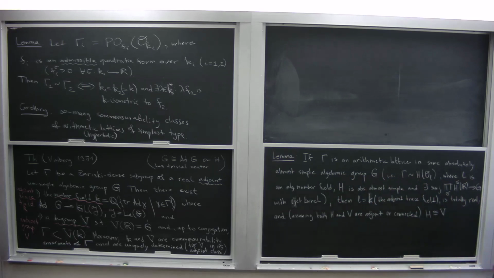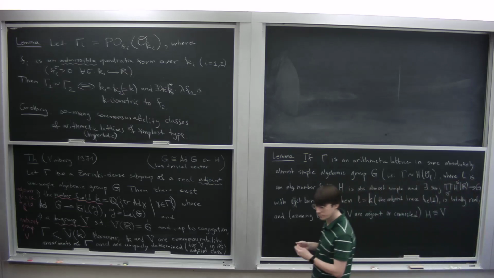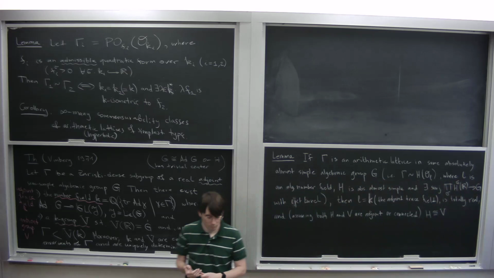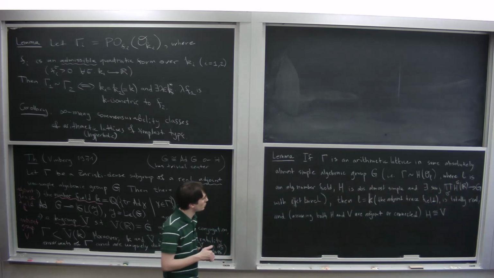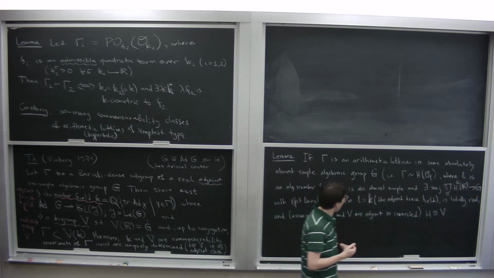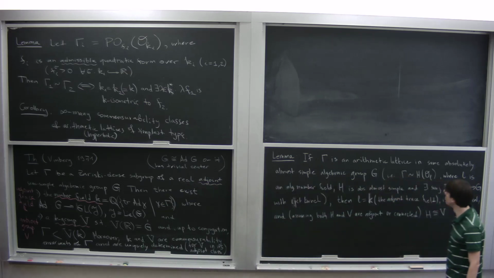If I were to take something like SL_n(C), my recollection from how superrigidity should work is that I should get a copy of SL_n(C) sitting inside any ambient group that the lattice sits inside.